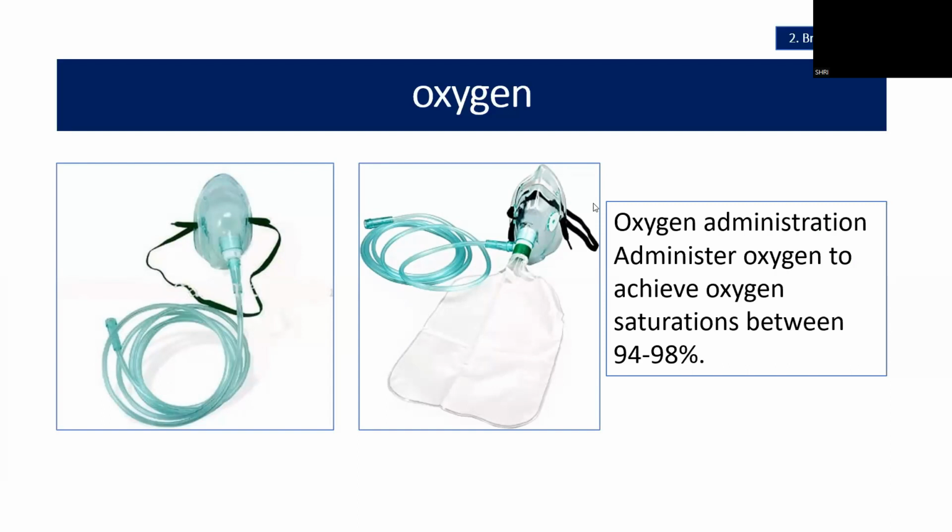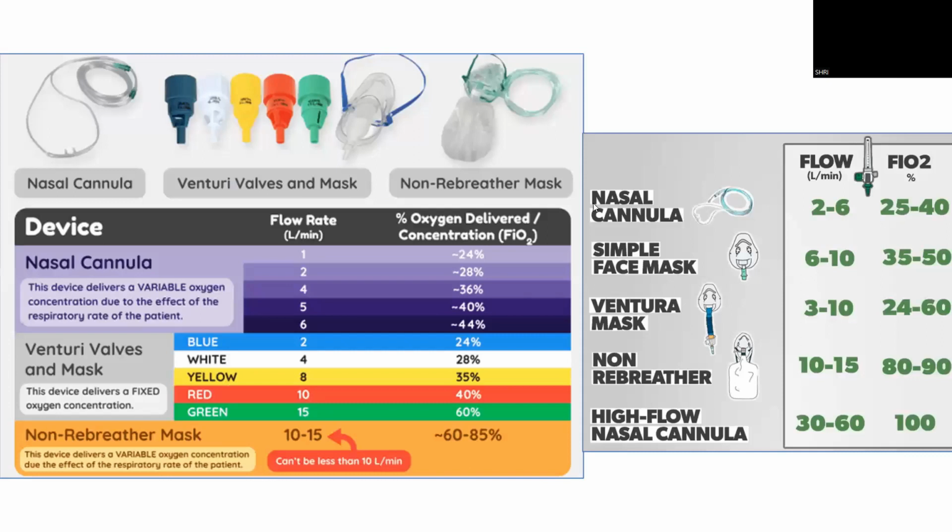But make sure you're not going to apply oxygen through nasal prongs to a patient who is coming with trauma, because, if you can see this slide, with nasal cannula oxygen you can apply a flow rate of 1 to 6, but the maximum concentration of FiO2 you can get is 44.